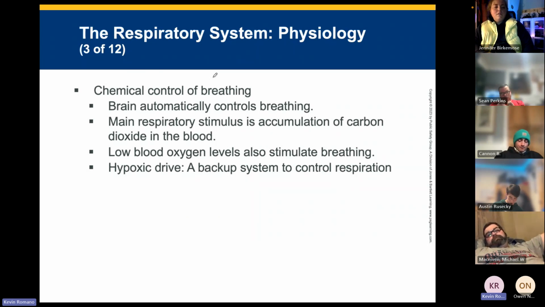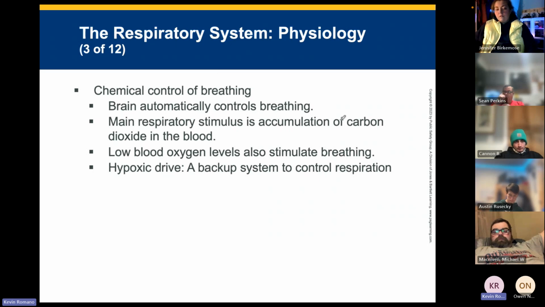A decrease in pH of the arterial blood that is caused by an elevation in the PaCO2 is called primary respiratory acidosis. An increase in pH of the blood that is caused by excessive exhalation of carbon dioxide is called primary respiratory alkalosis.